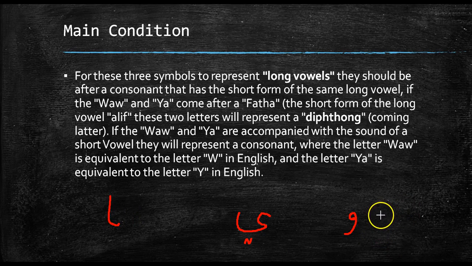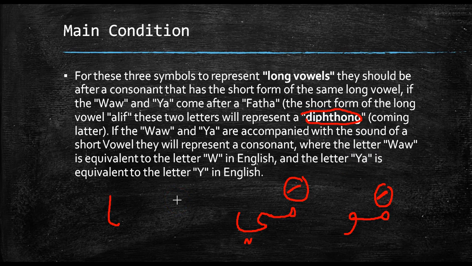The waw and the ya, if the letter before it is with a short form of the alif, a fatha, or the ya as well, we will study that in the coming lectures. This is called the diphthong. Okay? That is it.